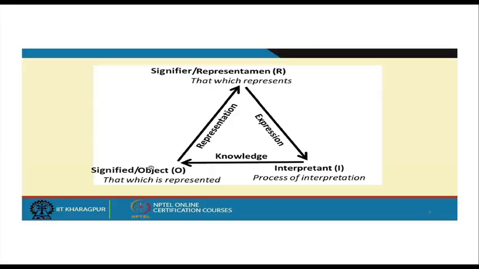Now, putting it all together, there was another expert in semiotics, whose name was Peirce, and Peirce came up with a more holistic model where he tried to put together all the things we have been discussing so far.